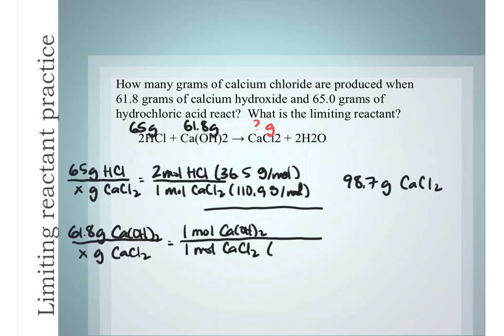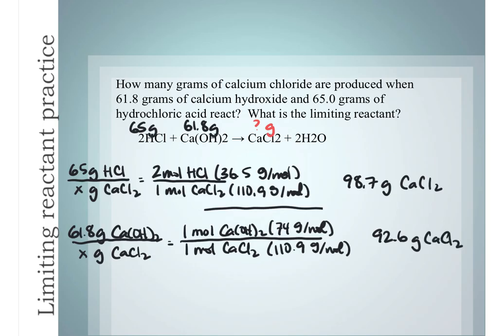We already have the mass of the CaCl2 from earlier. And for the calcium hydroxide, I'm going to put that in the calculator, and we get about 74 grams per mole. Then we cross multiply: 61.8 divided by 74. And that gives you about 92.6 grams of CaCl2.